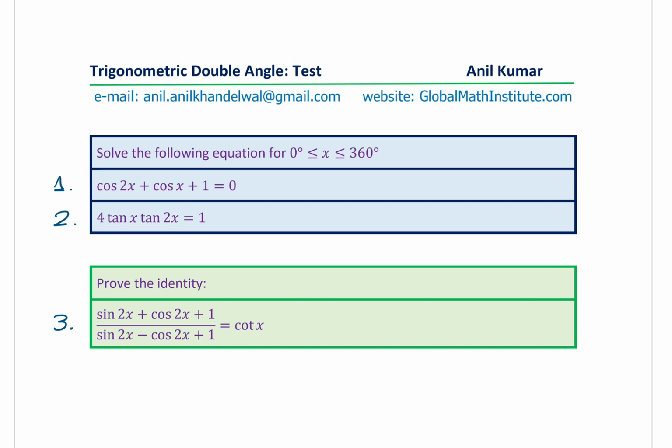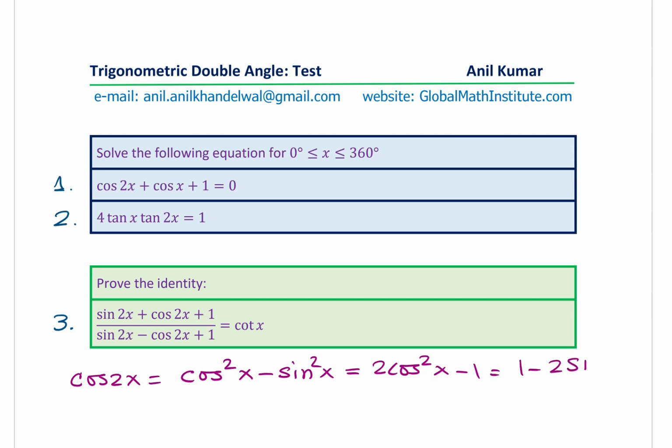So formulas which you might need to solve these questions, let me provide you with those formulas also. We are looking into cos 2x. So cos 2x can be written as cos square x minus sine square x. You could also write this as 2 cos square x minus 1, or as 1 minus 2 sine square x.